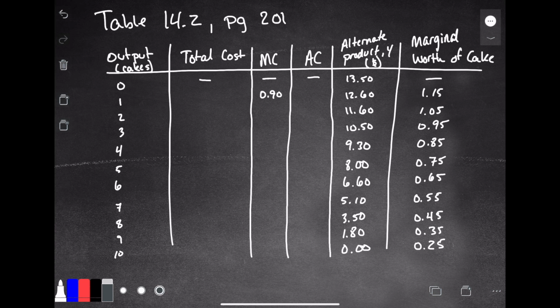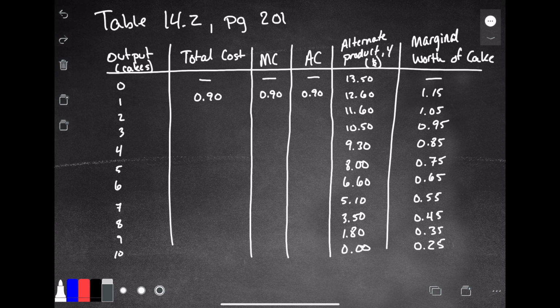And we can also look at our total cost, right? That would be $0.90. And our average cost would just be this 90 divided by the 1, which would give us 90 cents as well. For the second cake, if Adam were to move down to the second cake here, Adam is giving up $1 worth of whatever Y is.